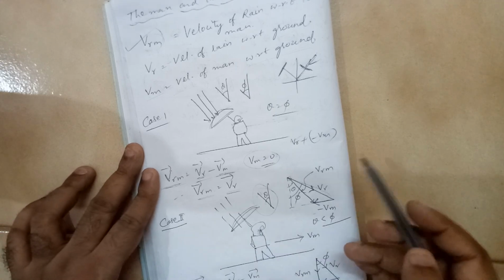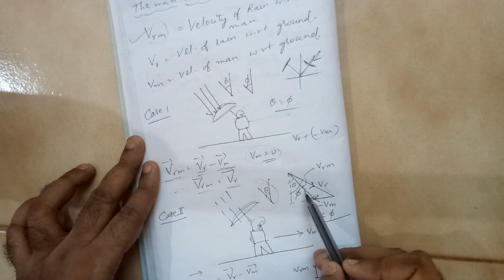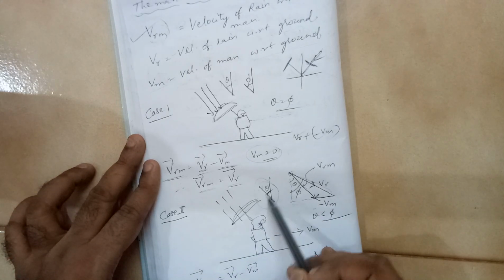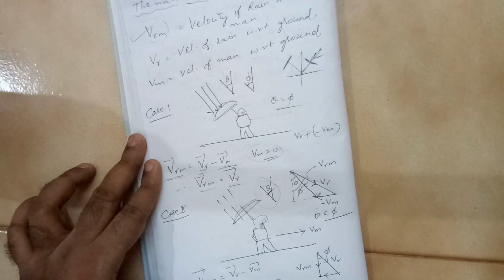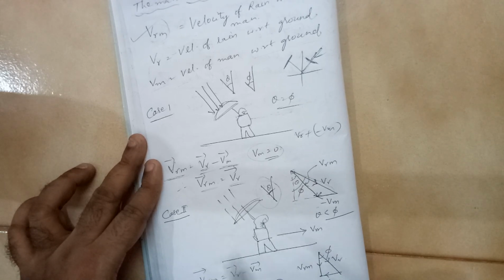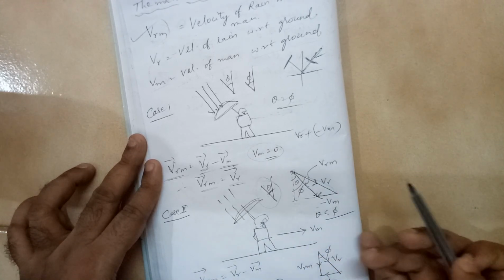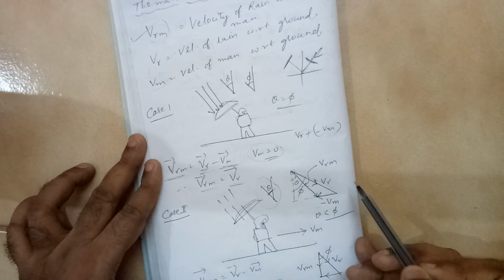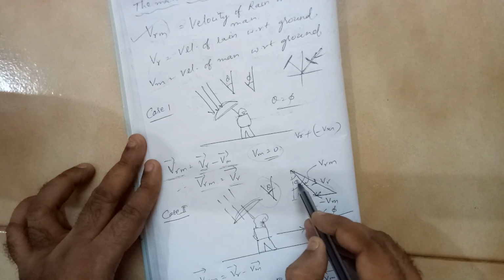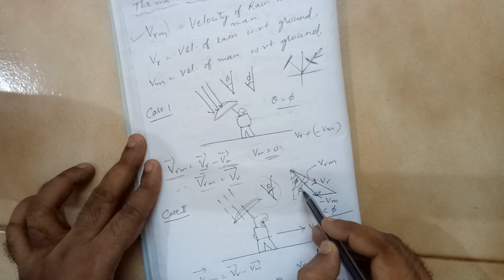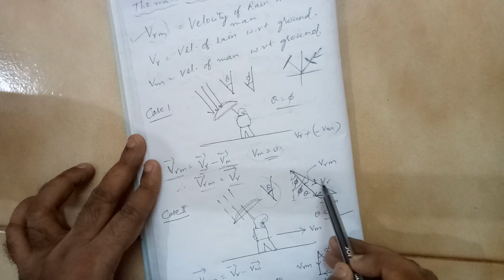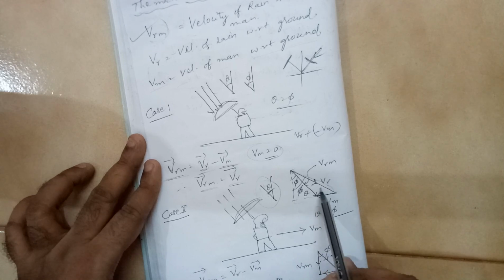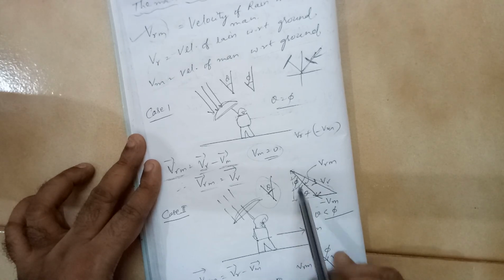In this situation, VR is originally making angle theta with the vertical. Here theta is the angle which the rain direction VR makes with the vertical.